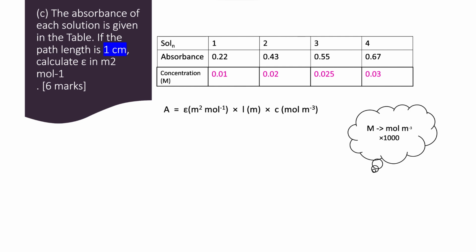The conversion from molar to moles per meters cubed is just times by 1,000. To rearrange to get epsilon, it is A over L times C.